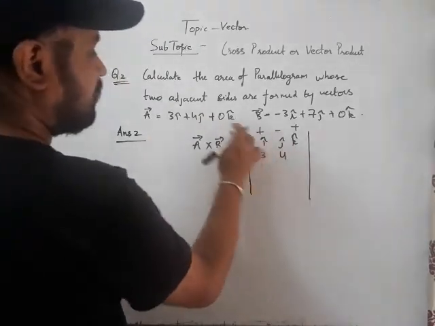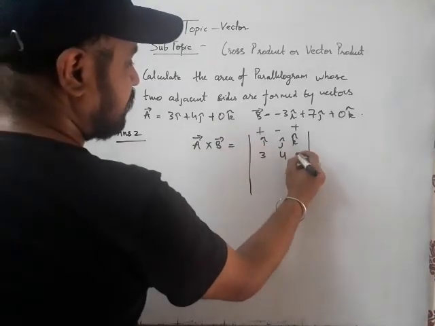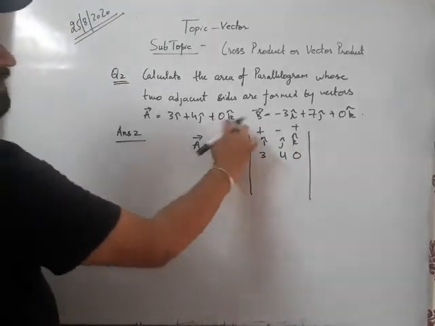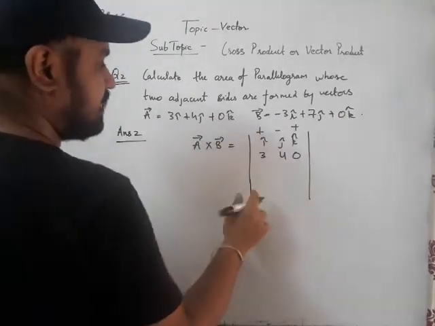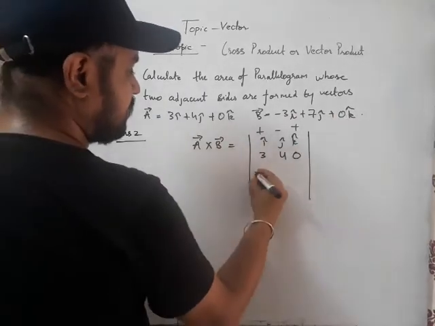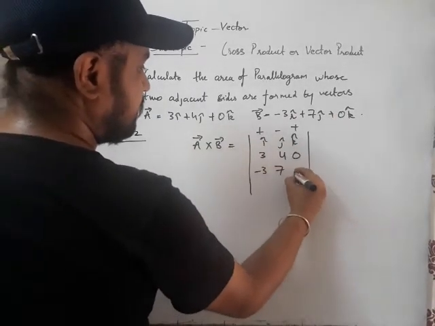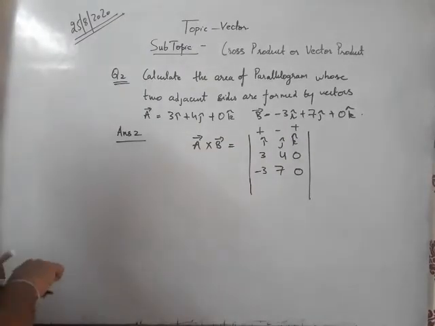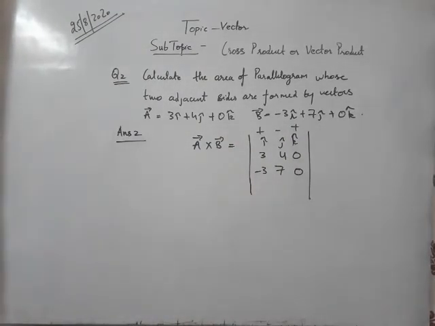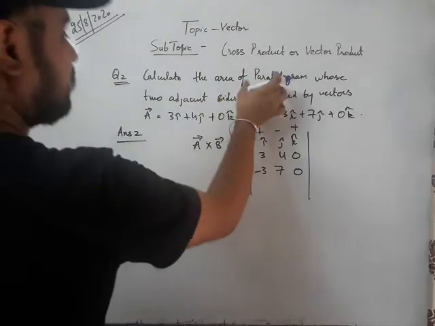In the question k cap was not given, so we have to suppose it as 0. Now we will be finding out the cross product, then its magnitude, and that will be the area of the parallelogram.